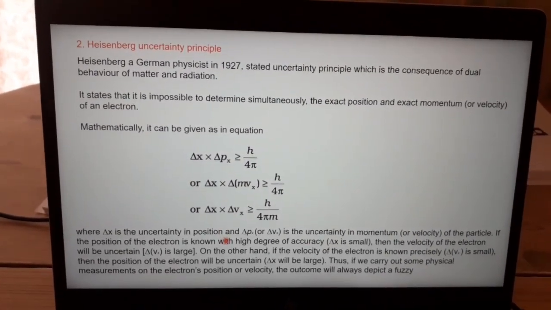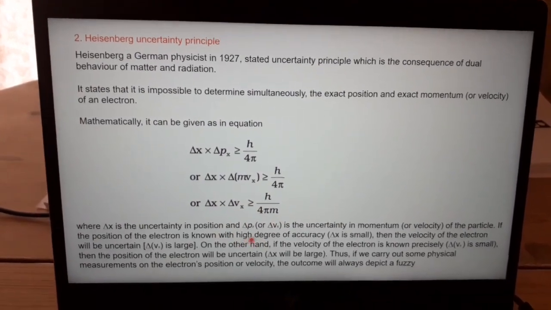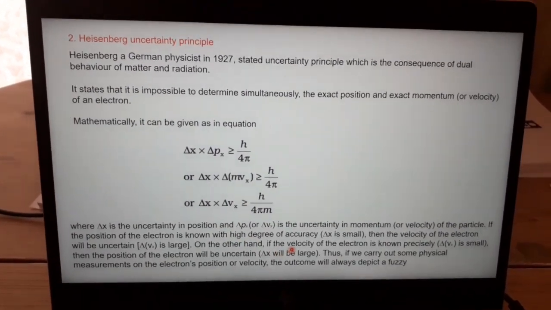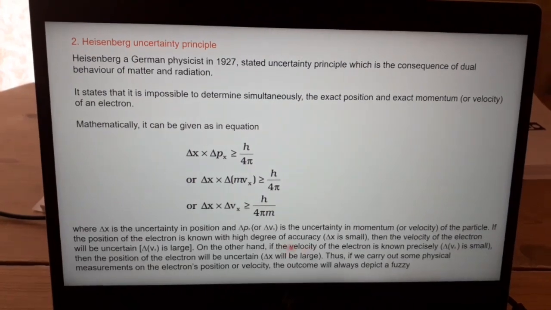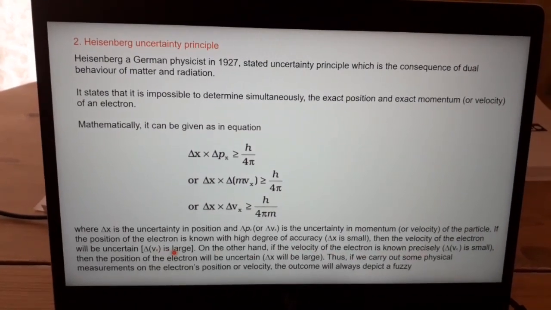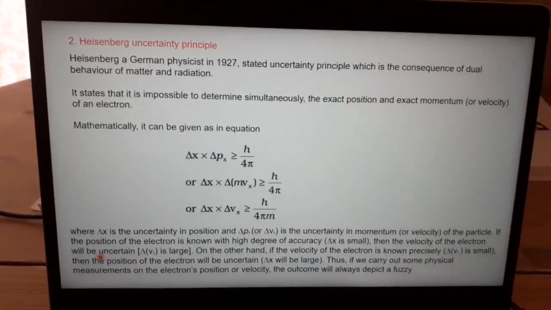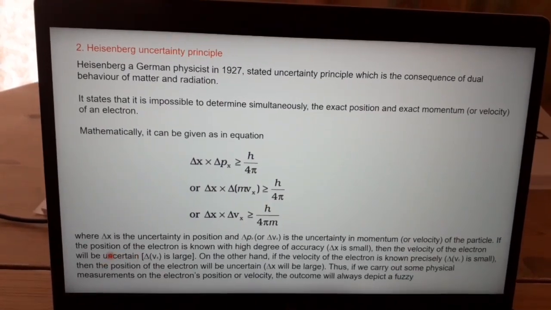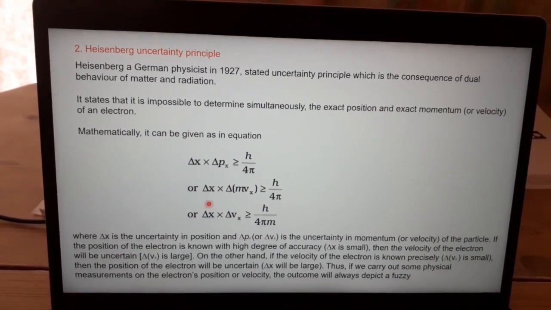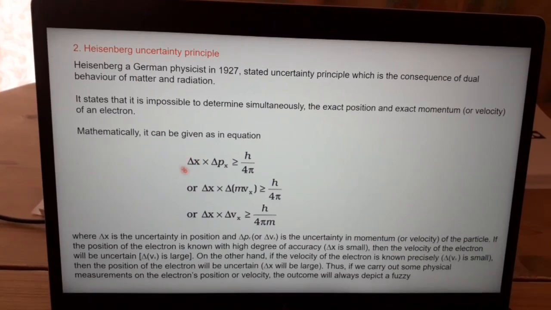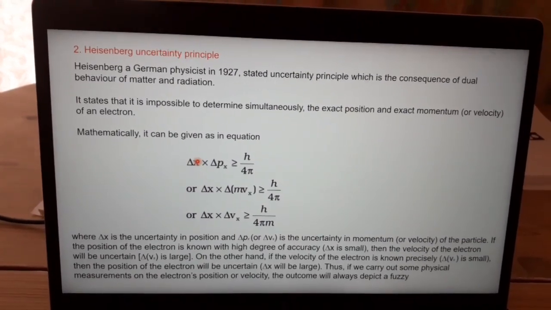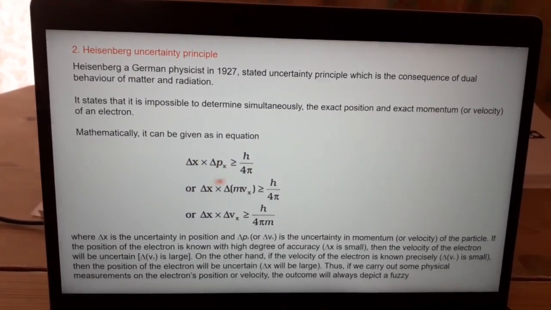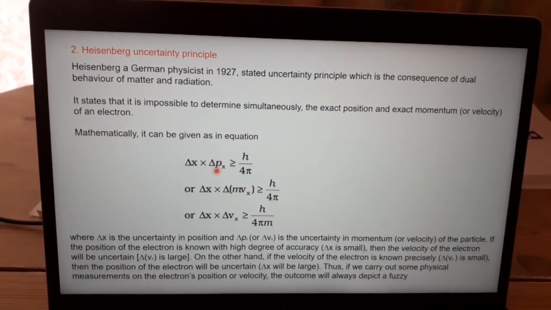So in this equation, we all know that it is very important. If the velocity of the electron is uncertain, then we can know only the position. At the same time, we cannot predict delta x when delta p is predictable, right?